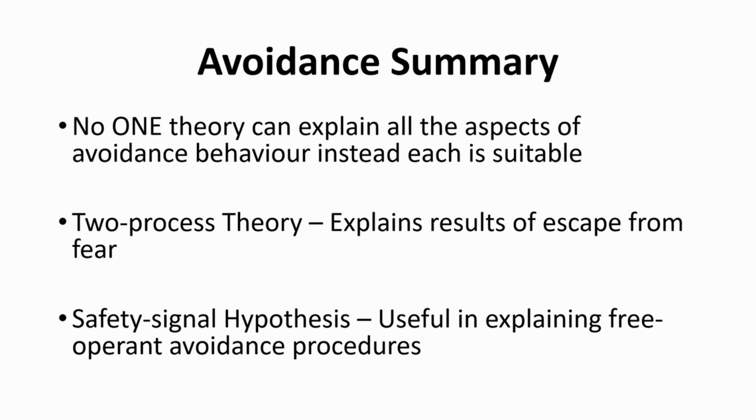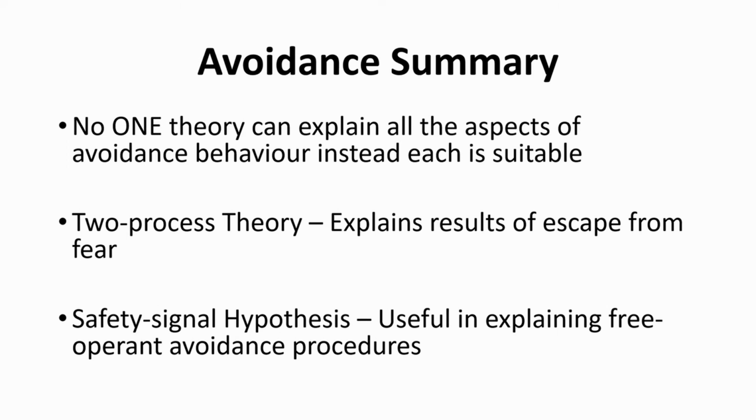All right, so with that little flub out of the way, we can move on to a summary of what we've talked about for avoidance up to this point in the chapter. We now can figure out that no one theory actually explains all aspects of avoidance behavior.